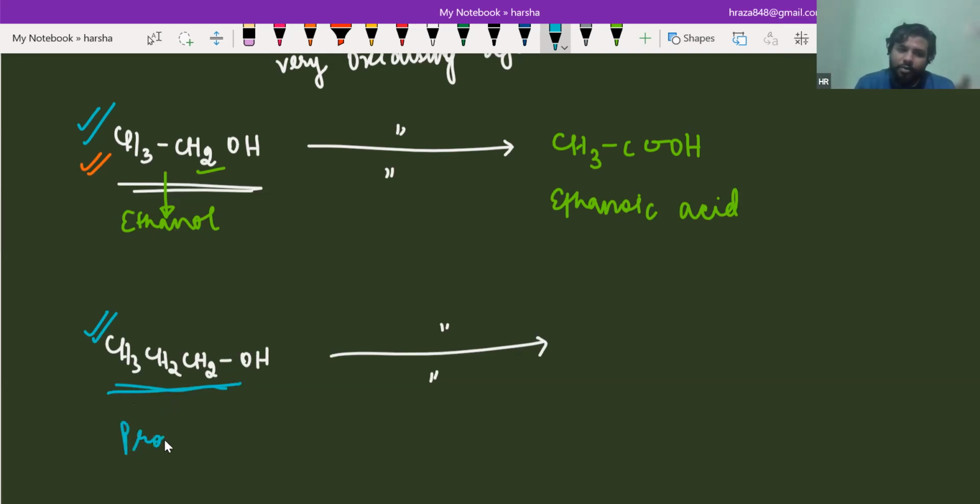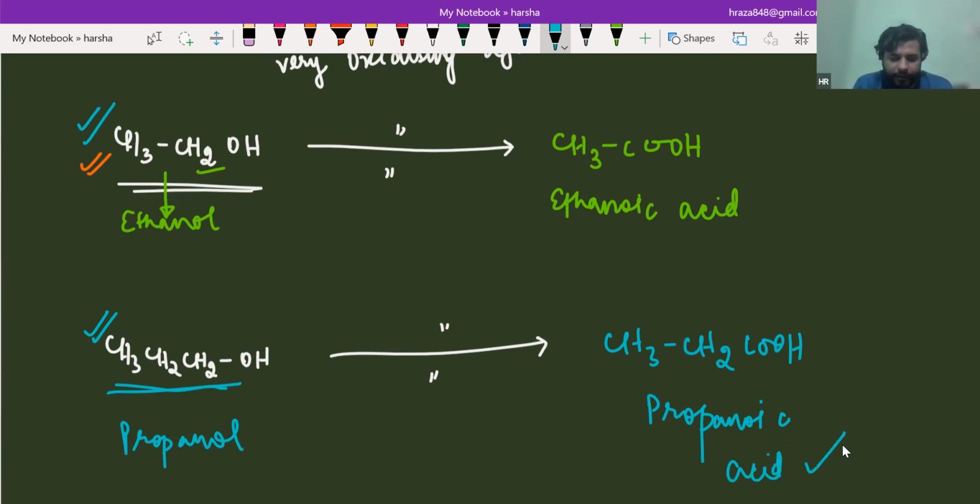So its name is propanol. And this will be directly converted into propanoic acid. Is that clear, Martin? Yes, sir. So please do write it, and then I'm going to start a new reaction, that is addition reaction.